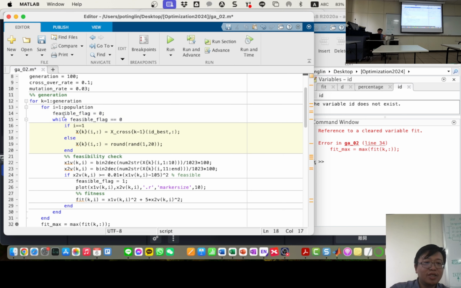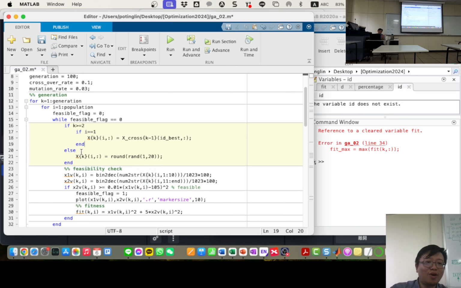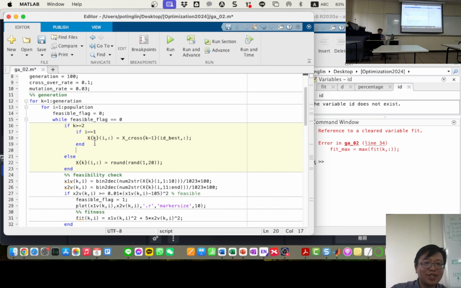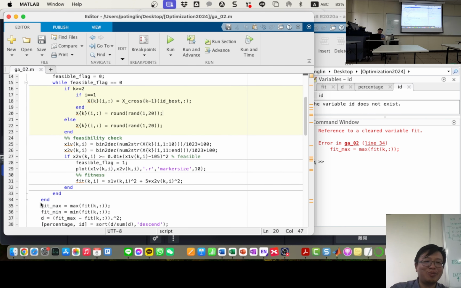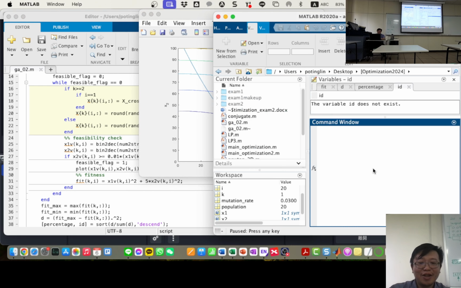When, if k is larger than 2, and if i equals 1, then do this. Otherwise, do this. Yeah. I think this should be right. Please. Okay.